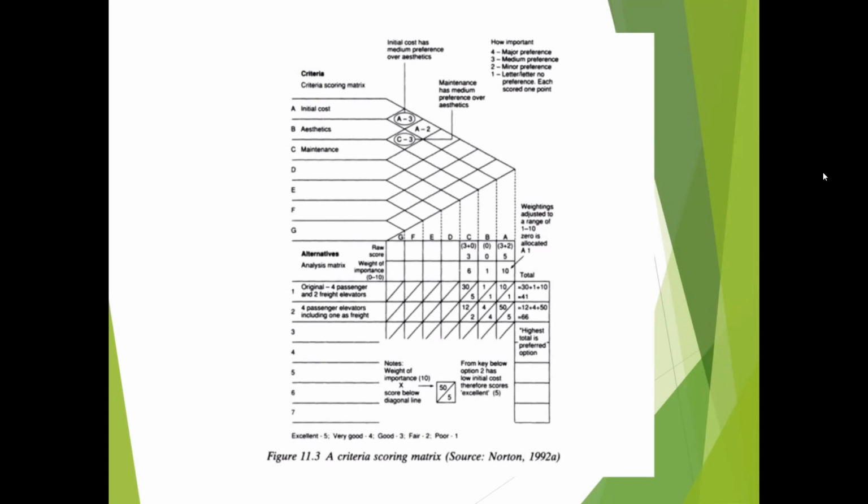The first option is listed as the original, that is the original design, what is proposed. And then we have an alternative: 4 passenger elevators including 1S5, 4 passenger and 2 freight elevators. So that is the original design. Now there are 2 alternatives, and those alternatives are evaluated in terms of various criteria.